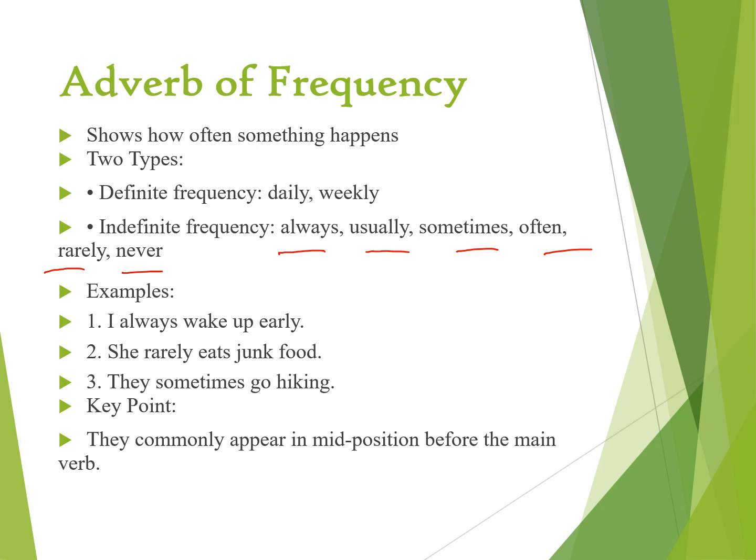They sometimes go hiking. So here always, rarely, sometimes, these words are adverbs of frequency. They tell how frequently an action is happening. Key point: they commonly appear in mid position before the main verb.